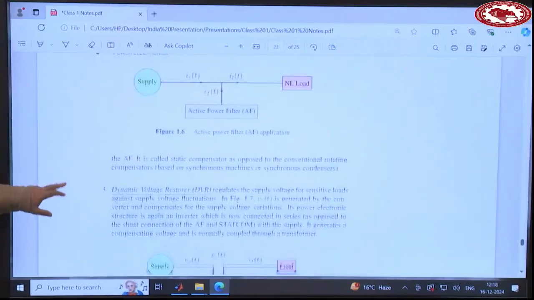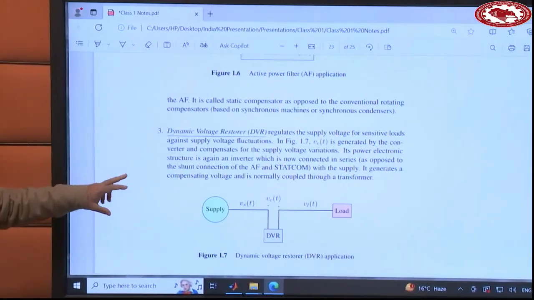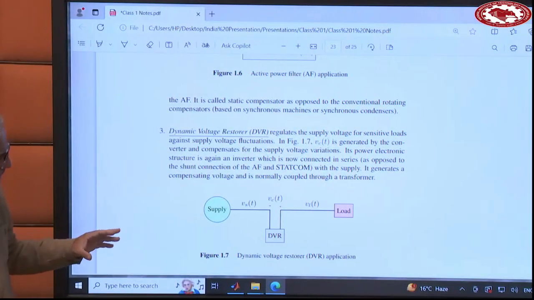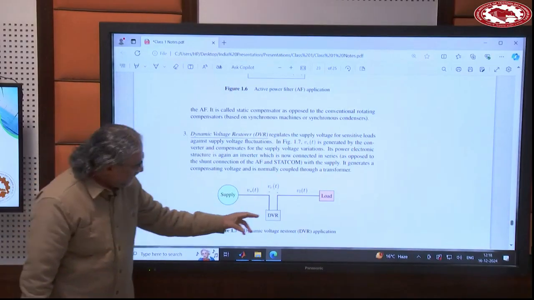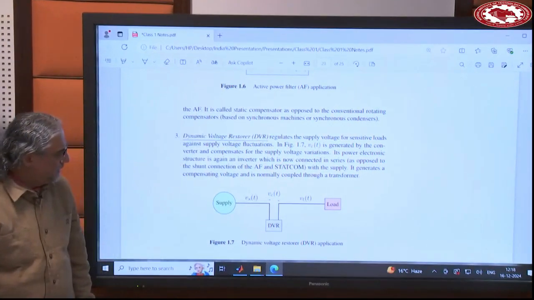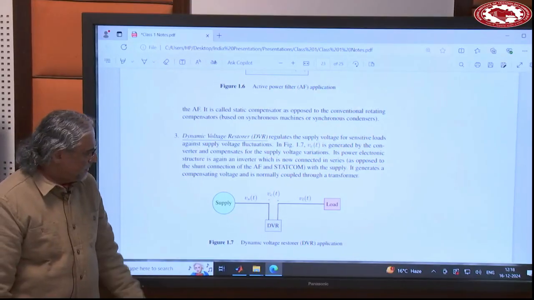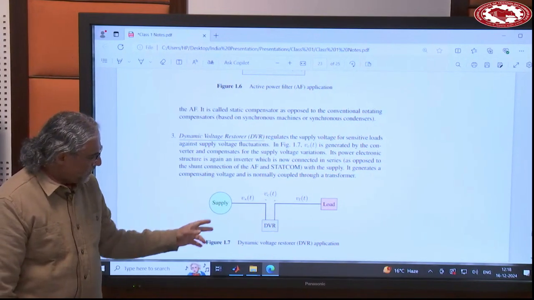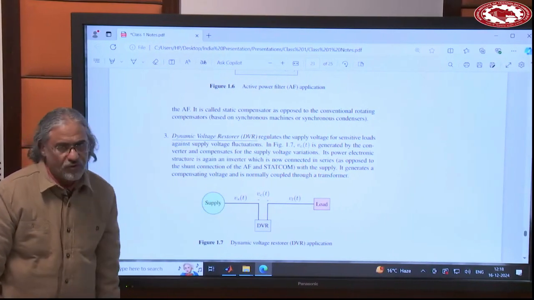A dynamic voltage restorer is similar again, but now let's say this load is very sensitive, and this power supply can have voltage fluctuations.